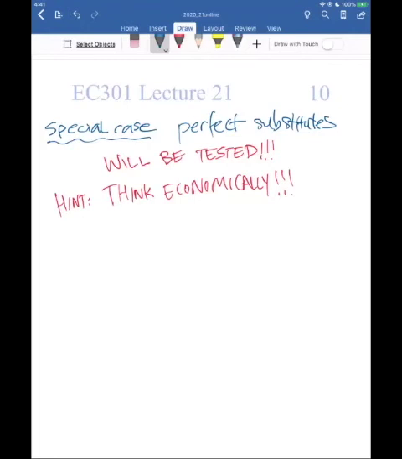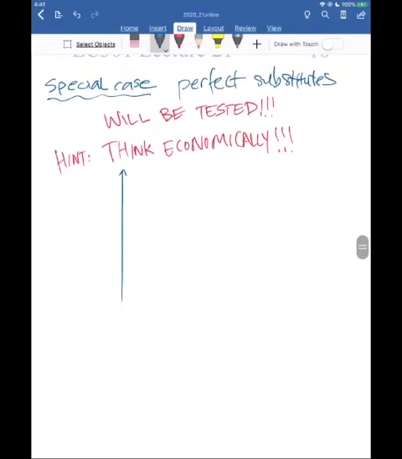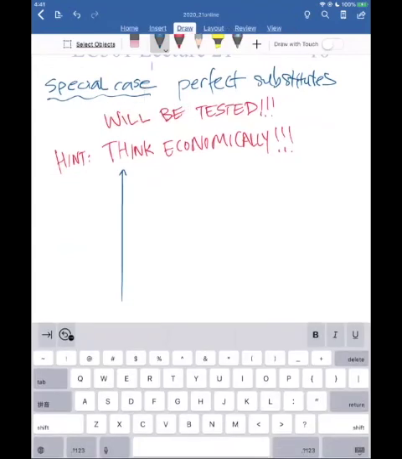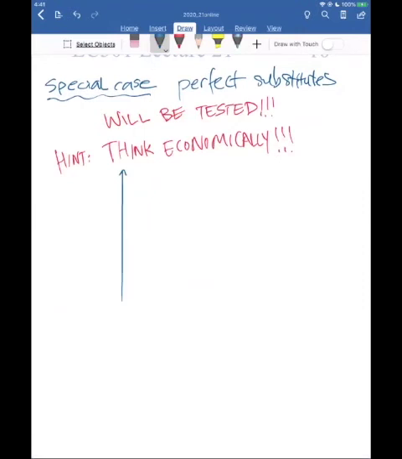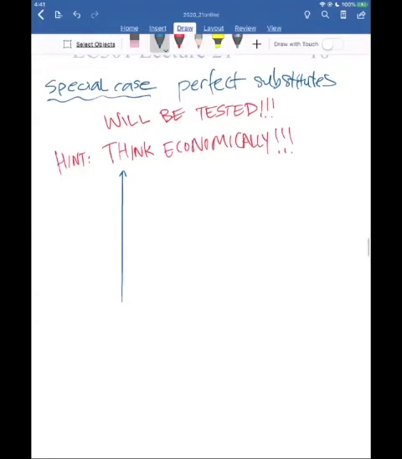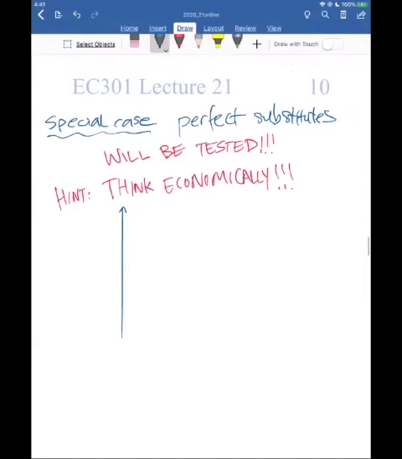Let me draw a graph and show you how to solve for this question. As we have gone through in the homework, you drew a graph of the isoquant for perfect substitutes.